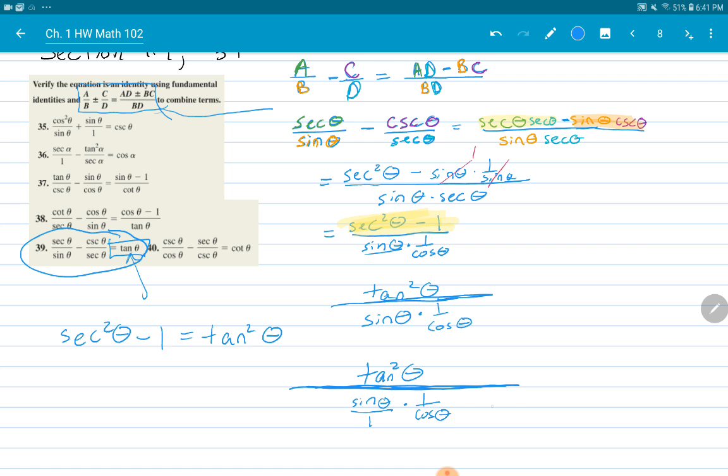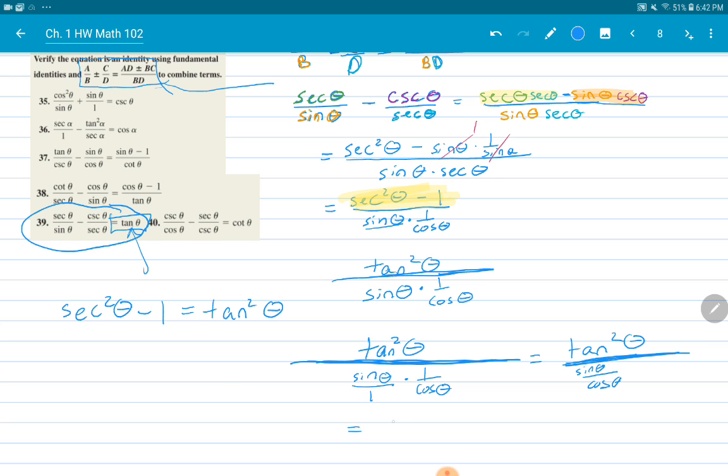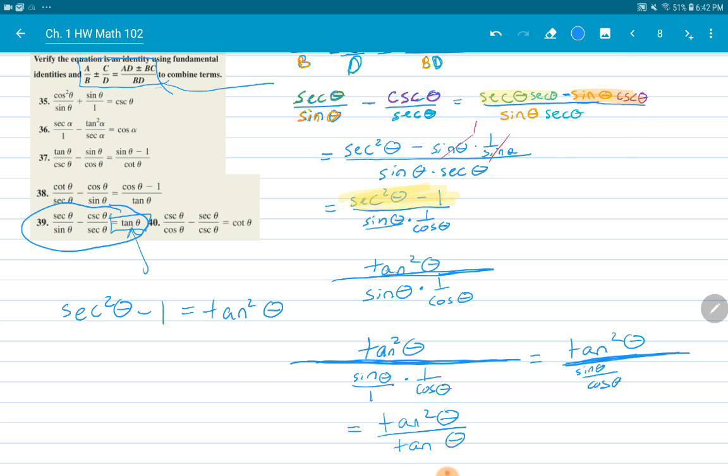I can put those both as a fraction so that I can multiply them together and get sine theta over cosine theta, which is tan. So that gives me tan squared of theta over tan of theta. Oops, sorry, not squared in the denominator. There.